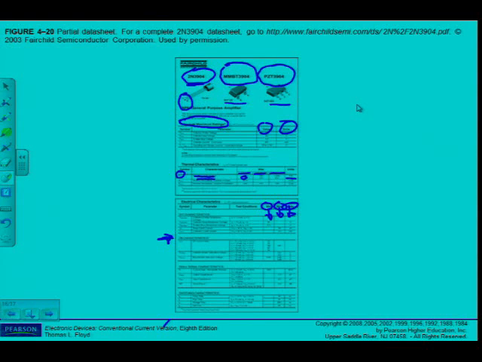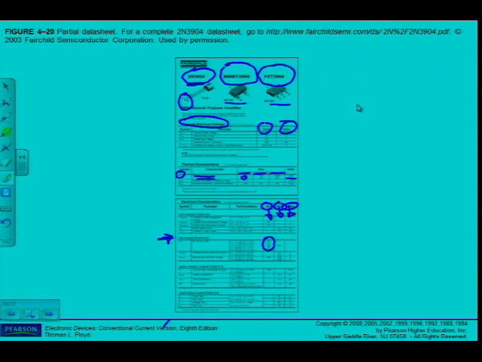In most of these cases, remember, what influences the value of beta apart from temperature? IC, no? So IC changes there: IC at 0.1 milliamps, IC at 1 milliamp, IC at 10, 50, and 100 milliamps. And in most of these cases, they just give me a minimum value.